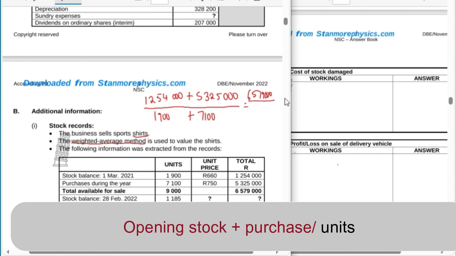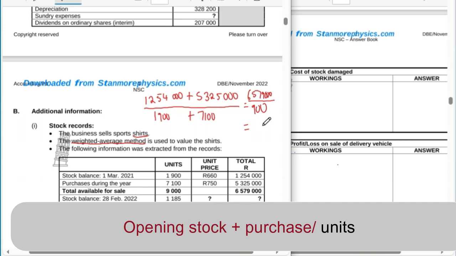Divided by how much? 1,900 plus 7,100, and then divided by 9,000. And then our final answer for our weighted average method, the weighted price that we are going to use, goes as follows.